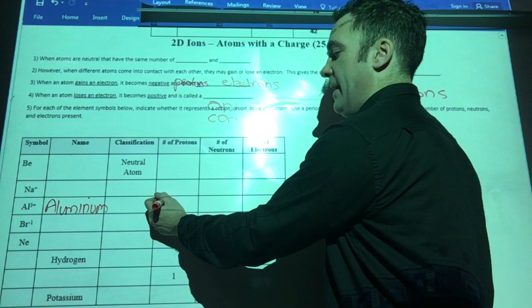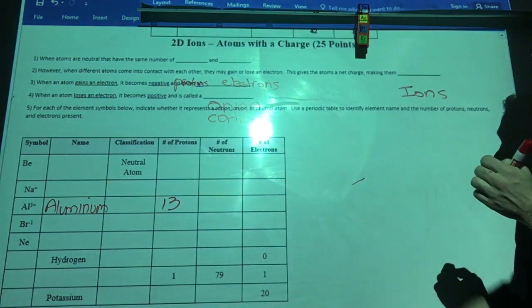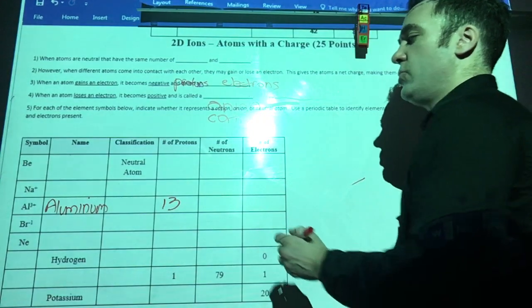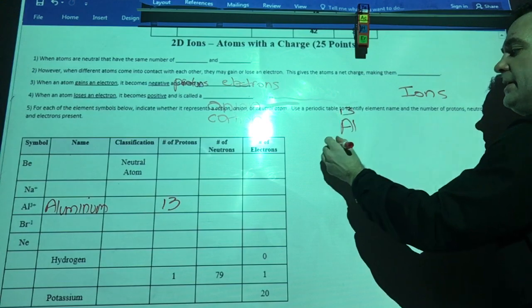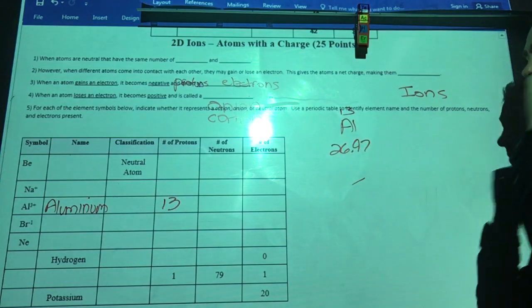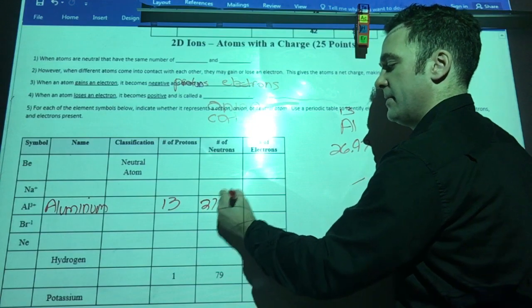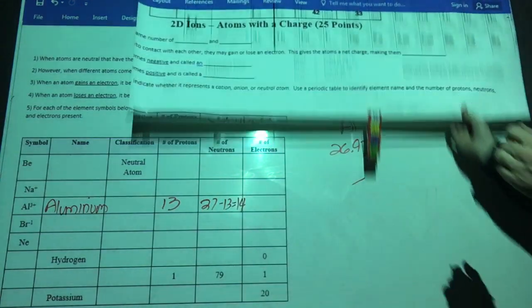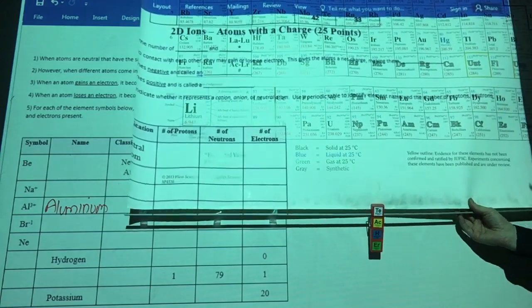We know aluminum has 13 protons by looking at the periodic table. Neutrons, you got Al 13, and it's like 26.97. So neutrons, it's 27 minus 13, so that's 14. So I'm using that bottom number, 26.98. I'm rounding that to 27.